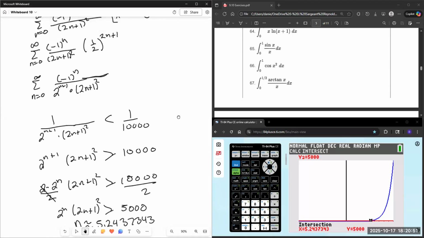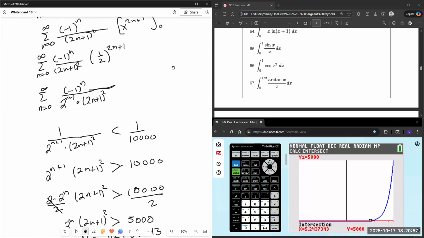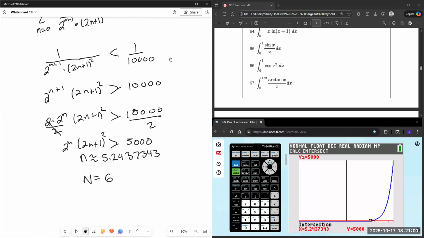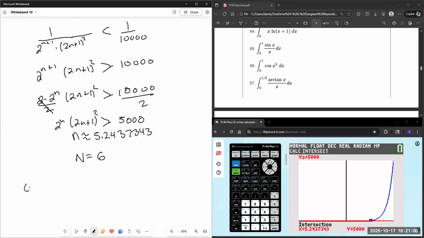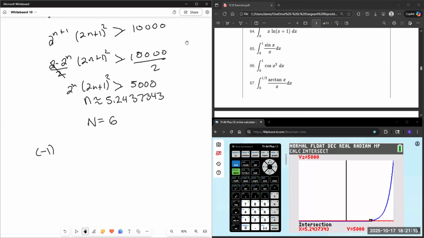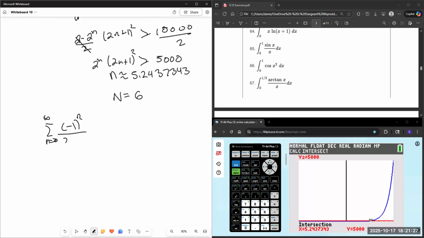So that tells me that as I look at these terms here, let's write the series down again: the summation n equals 0 to infinity of (-1)^n over 2^(n+1) times (2n+1) squared.